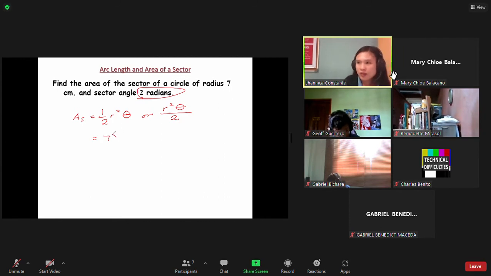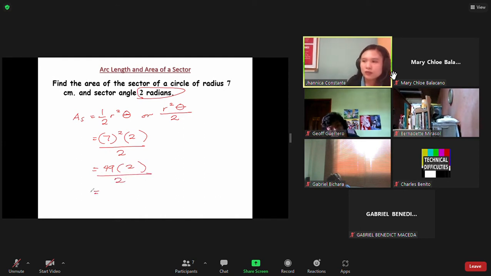Radius is 7 centimeter squared times the angle in terms of radians, we have 2 divided by 2. So 7 squared is 49 times 2 divided by 2, which is equal to 49.